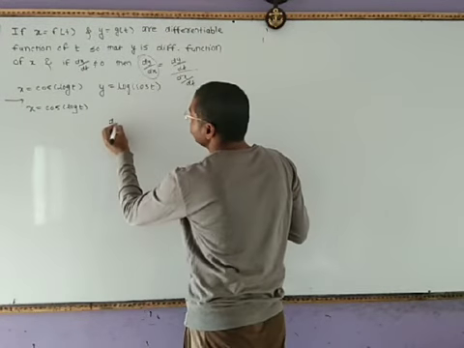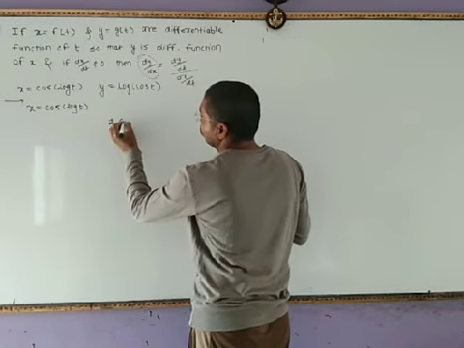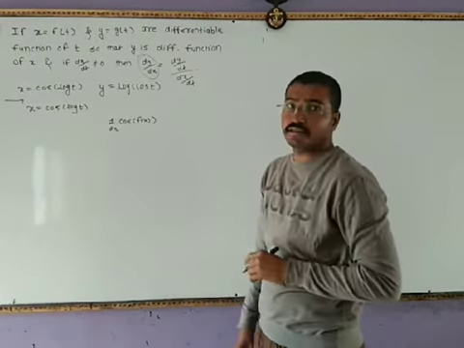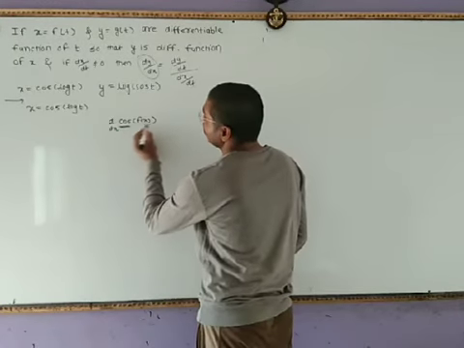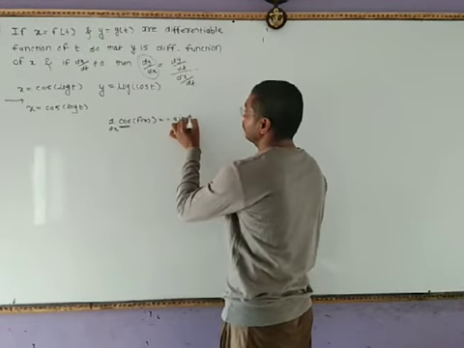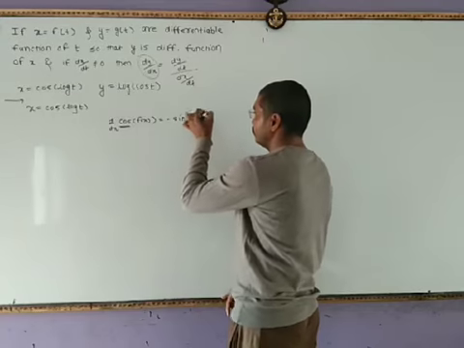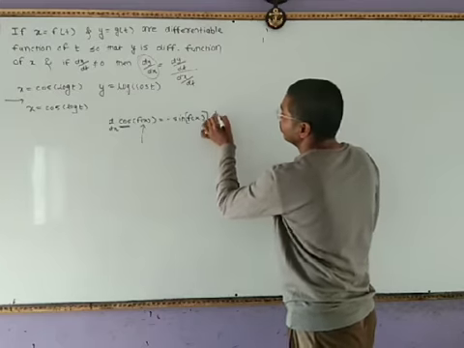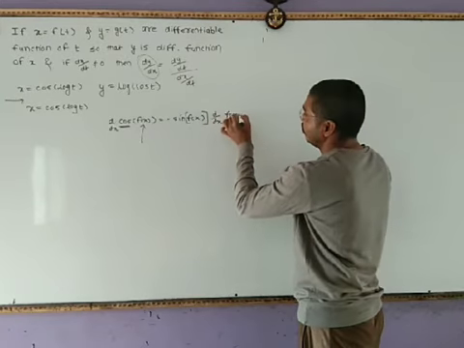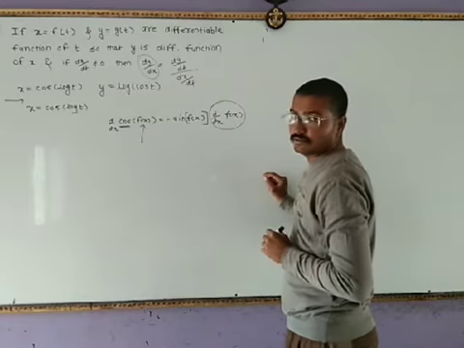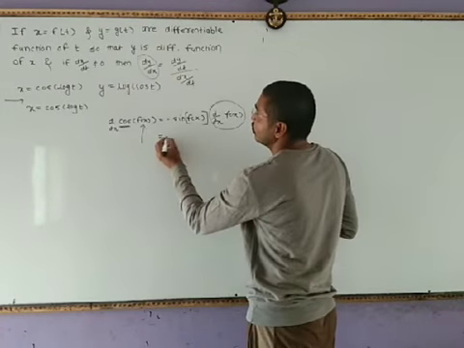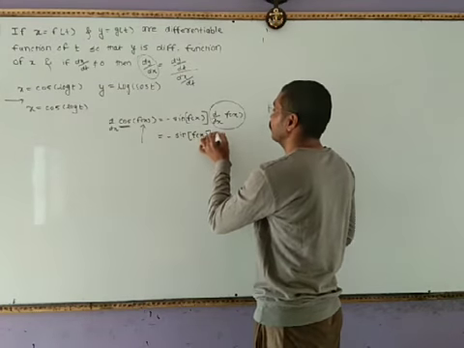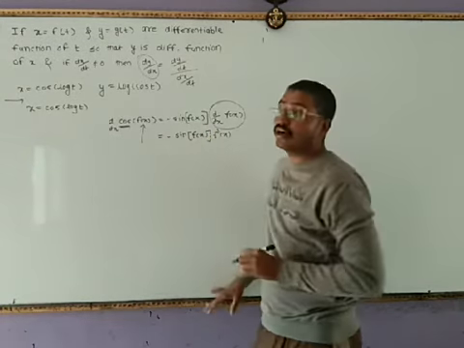So the derivative of cos of f of x, we know, is a composite function. The derivative of cos is minus sin of f of x into the derivative of f of x, which is f dash of x. So it is a composite function.